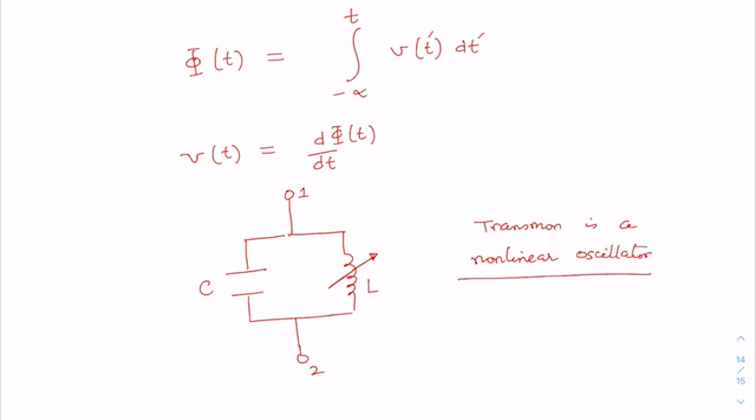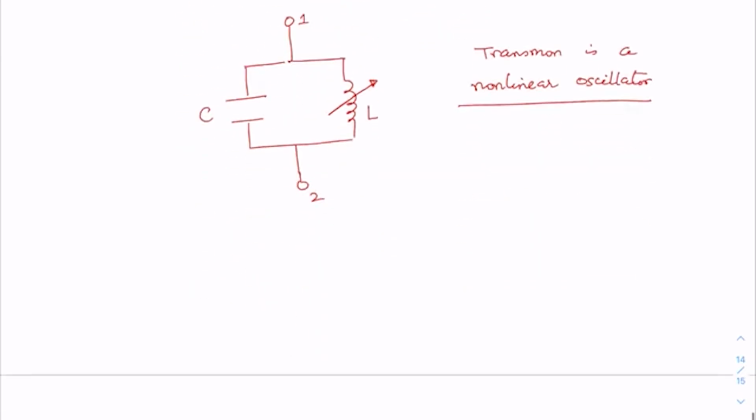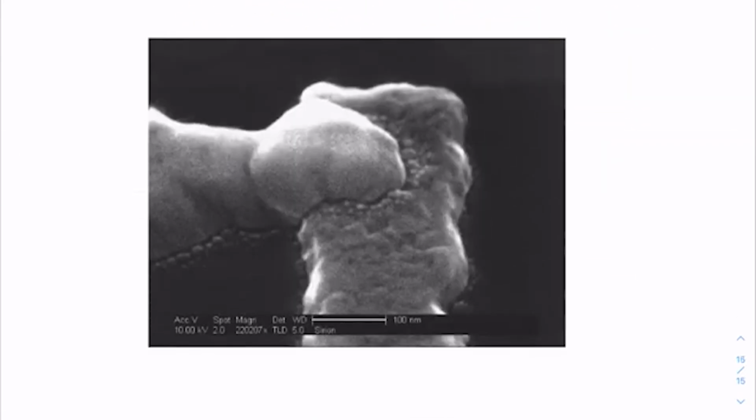Alright, before I proceed further, let me show you a picture of a real Josephson tunnel junction. Here it is a picture of a real Josephson tunnel junction, taken with a scanning electron microscope, an SEM image.